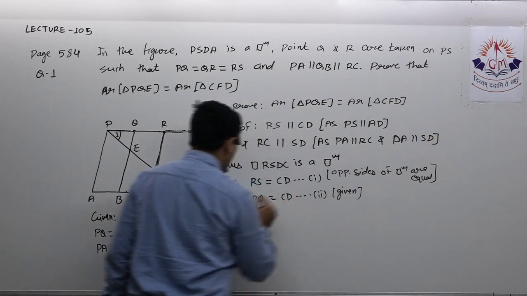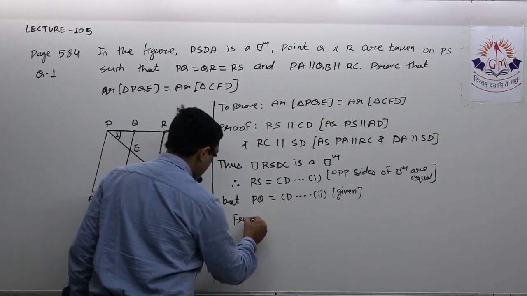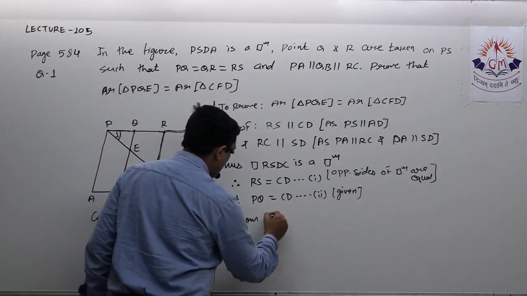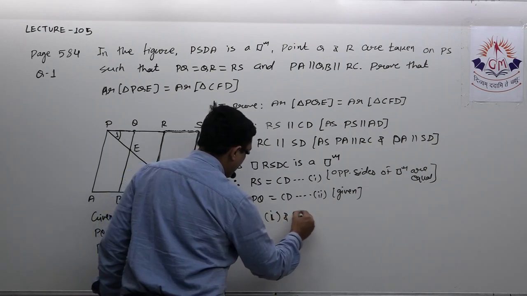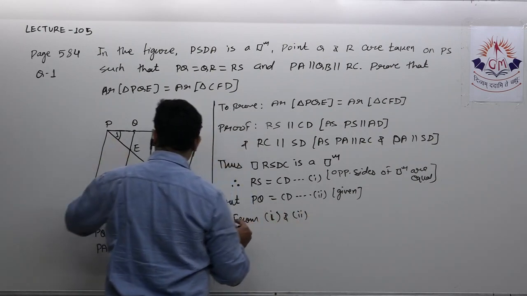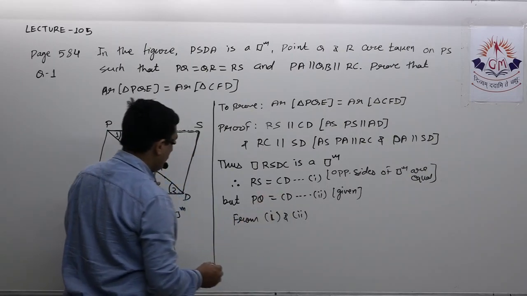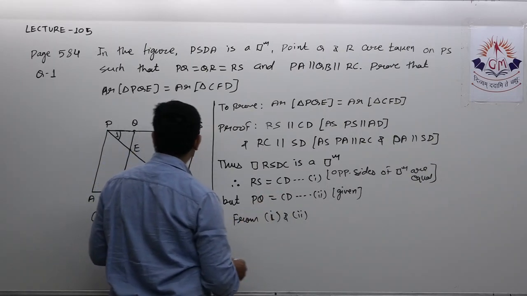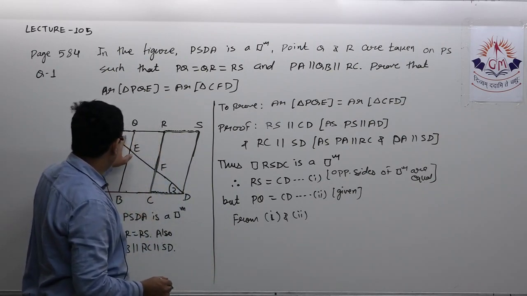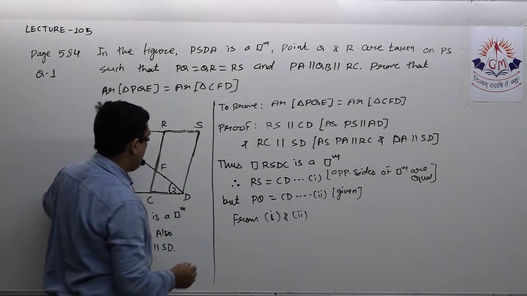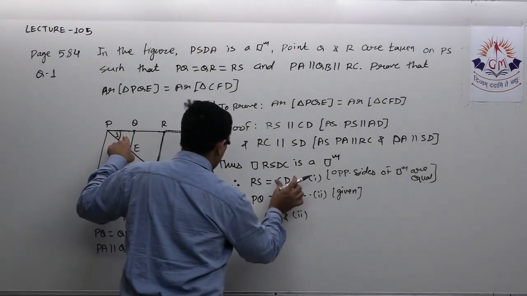Okay, so from first and second, I need PQ equal to RS.